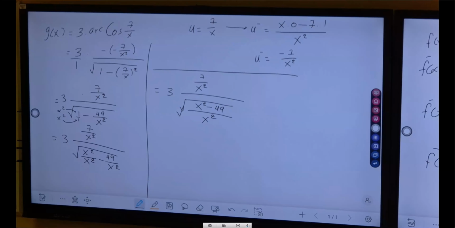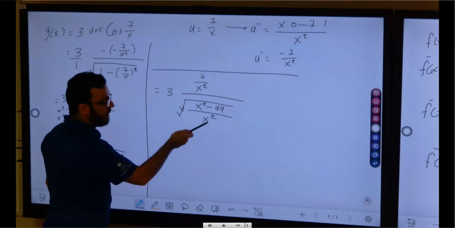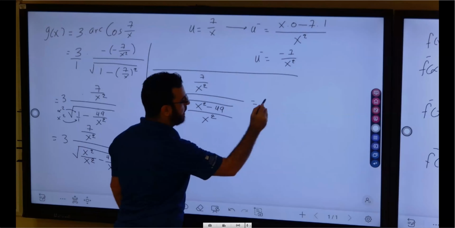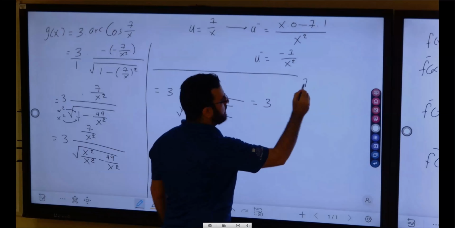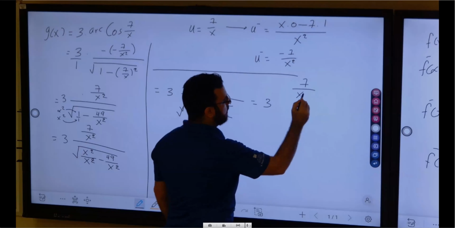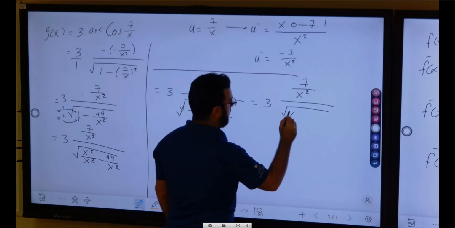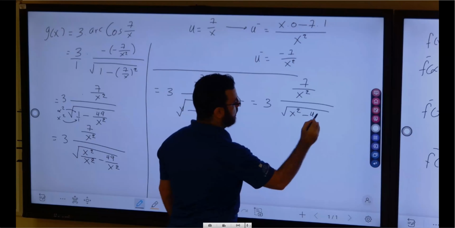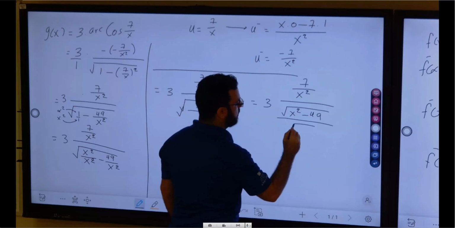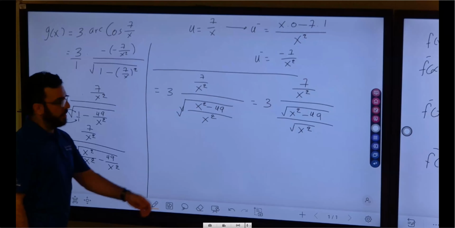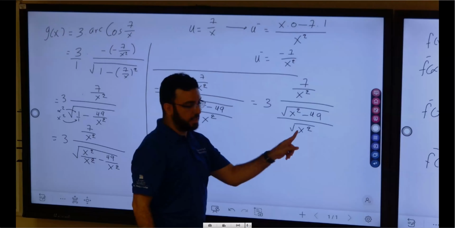Now, can I take the x squared from the bottom out of the root? That means this is the same thing: 3, 7 over x squared over the square root of x squared minus 49 over the square root of x squared. Yes or no? We're not going to do anything here, just take this one out of the square root.